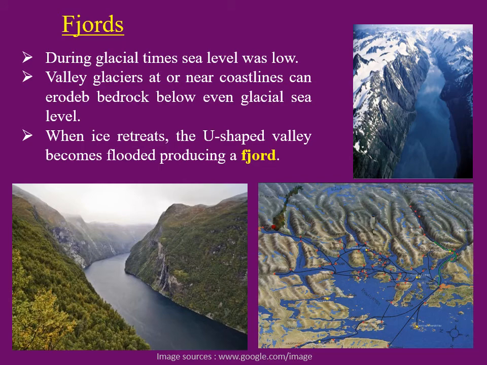Now, when there was a pronounced glacial cover, mainly near the coastal areas, due to the glacial activity there will be U-shaped glacial valleys all along the areas where glacial cover was there.